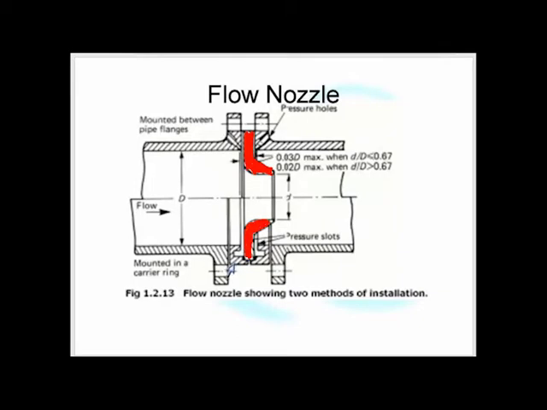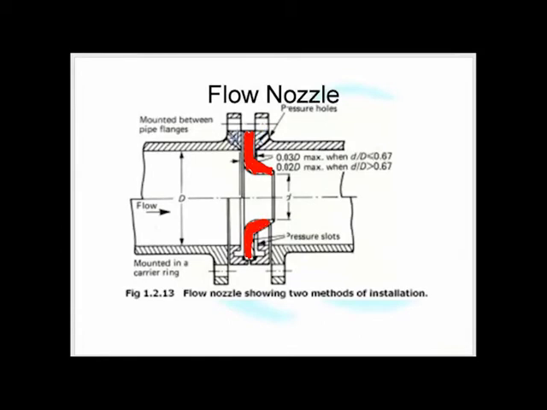And what you're supposed to do is you're supposed to have a fillet which bridges the gap between the two flanges. That's how you're supposed to install it. That's not how anybody actually installs them. The way they actually install them is just the same way as they install an orifice plate. They just shove it between two flanges and do the bolts up.